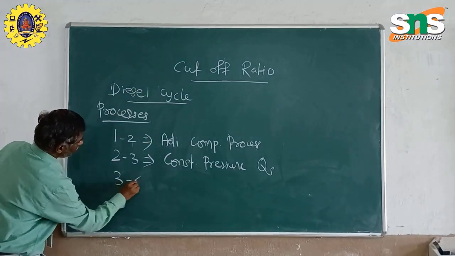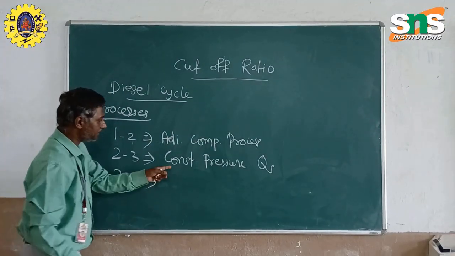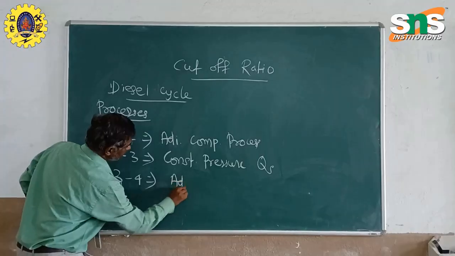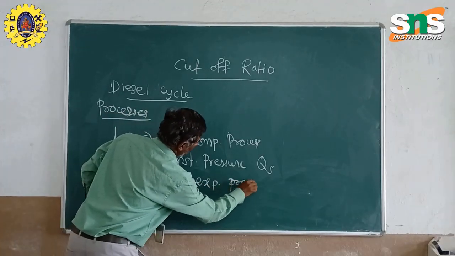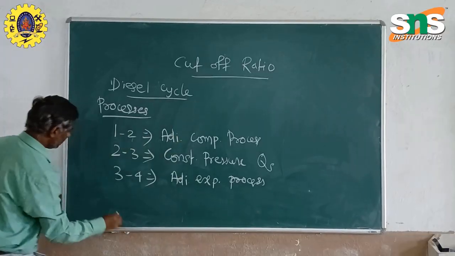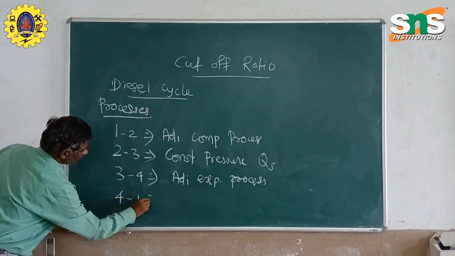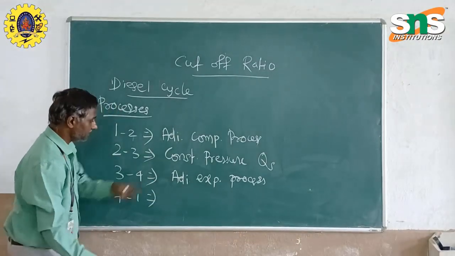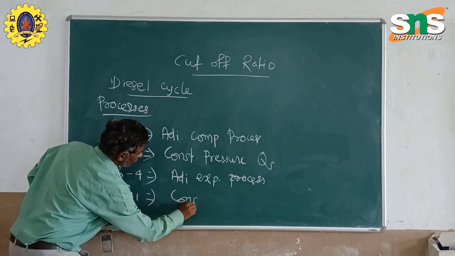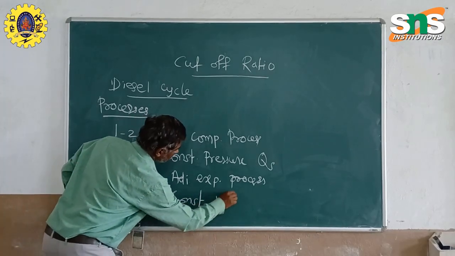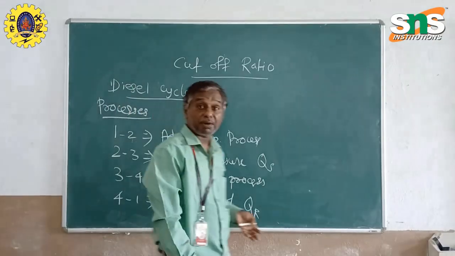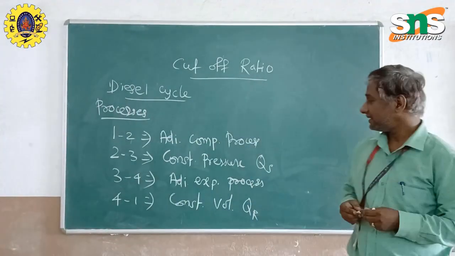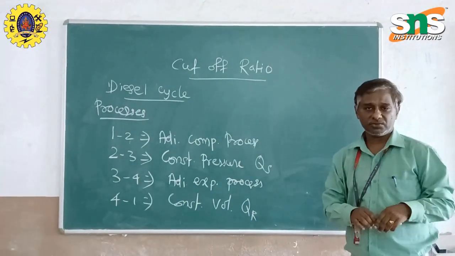And 3 to 4 is the adiabatic expansion process. Then 4 to 1 is the constant volume heat rejection process. So these are the processes involved in the diesel cycle. It is a closed one.